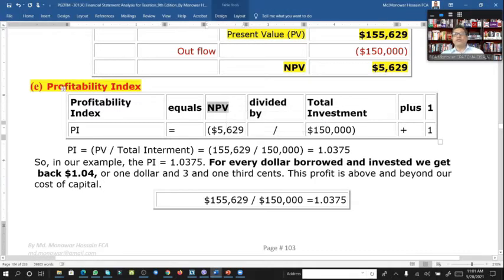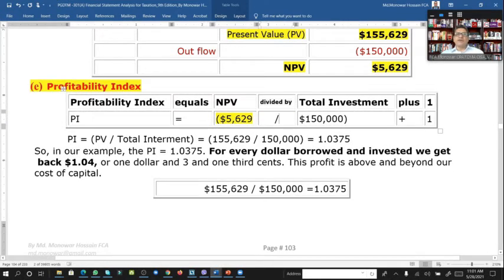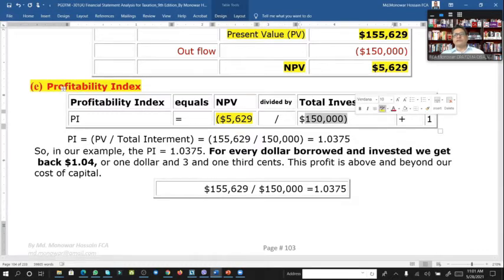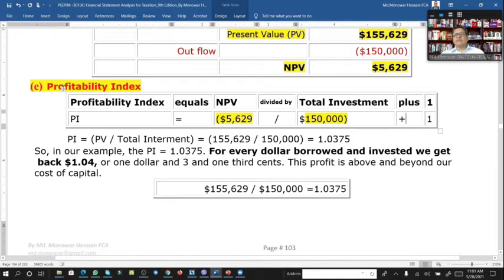Look here, that already we calculated at the rate of 10%. This one divided by total investment. Our total investment is 1,50,000 plus 1. Why add this plus 1?